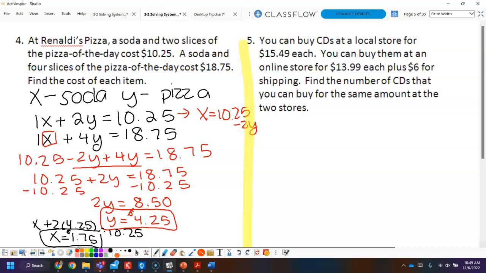So you can buy CDs at a local store for $15.49. You can buy them online for $13.99. But we know that if we buy something online, we have to pay to ship it. So find the number of CDs that you could buy that would cost the same if you went in person or online. So we'll say Y is the cost and X is the number of CDs.